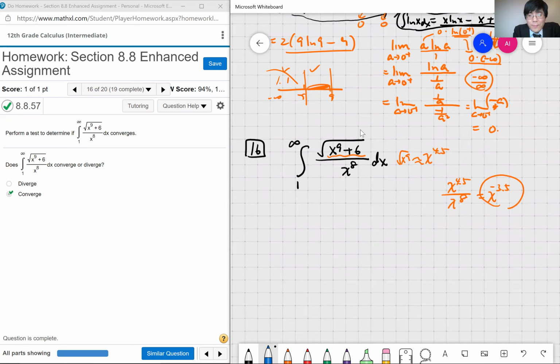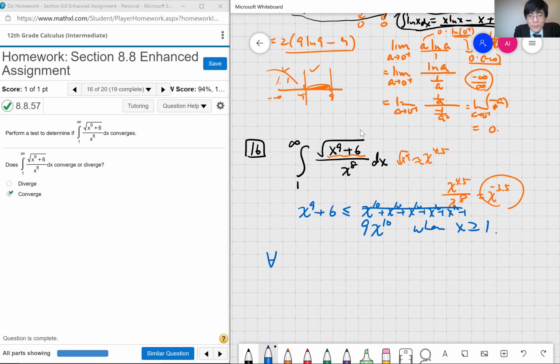So x to the 9 plus 6 is less than or equal to x to the power of 10 plus x to the power of 10 plus x to the power of 10, and so on. If you just say anything, it's less than 9 times x to the power of 10 when x is greater than or equal to 1.